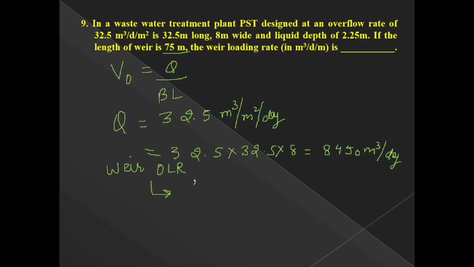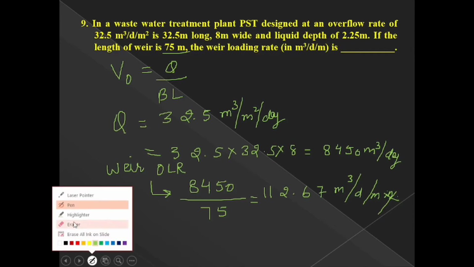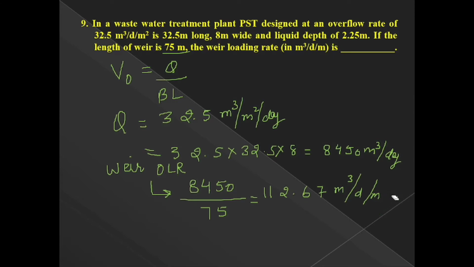The discharge is 8450 meter cube per day divided by the 75 meter length, and that is equal to 112.67 meter cube per day per meter length. Is it okay? Now let's move towards the next problem.